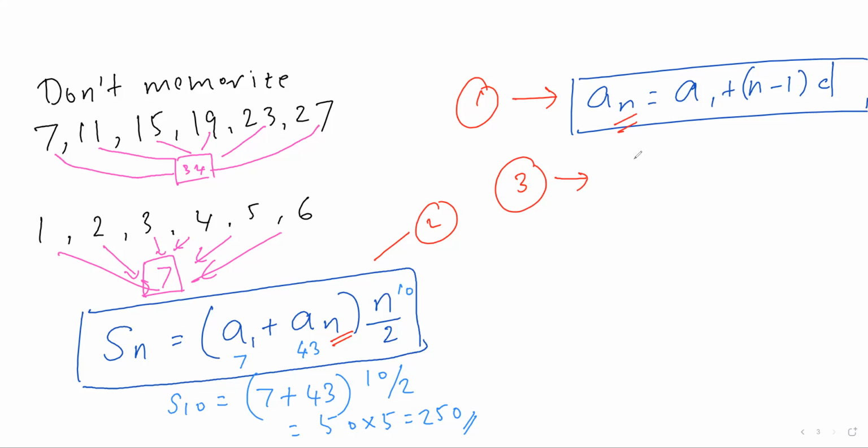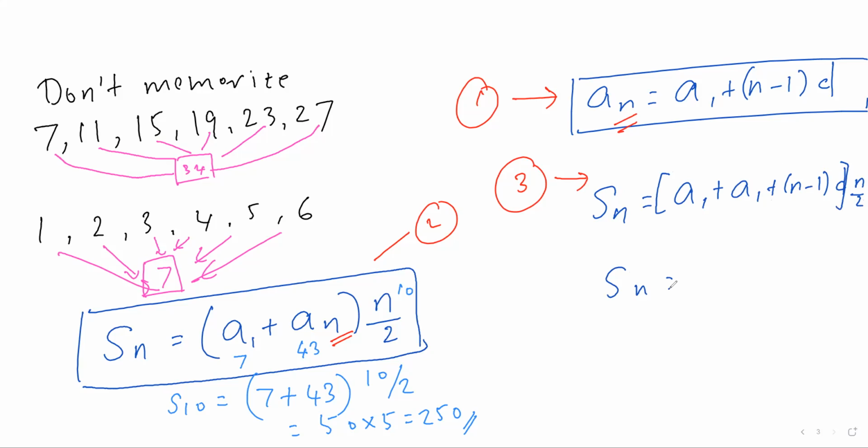Therefore you receive S, the sum of n numbers, is equal to a1 plus a1 plus n minus 1 d within the bracket, and outside the bracket you have n over 2.